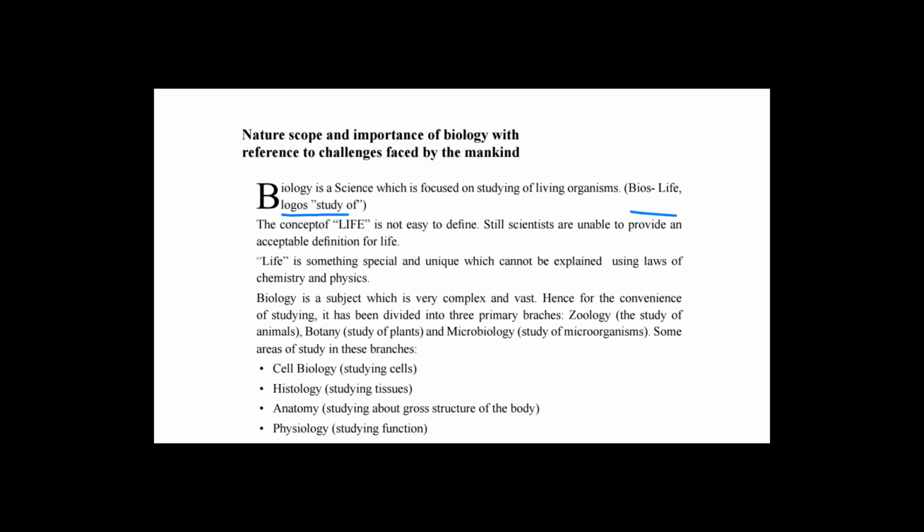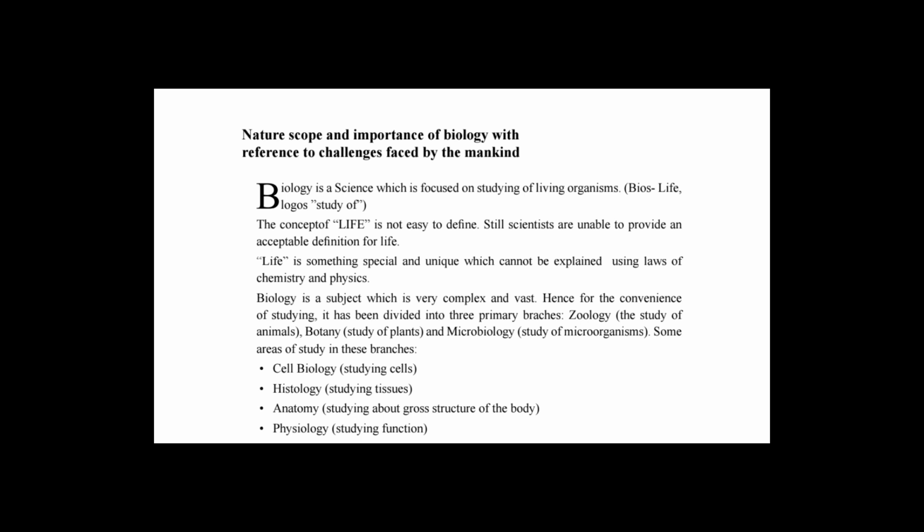The concept of life is not easy to define. If someone asks you what life is, it's not easy to define, because even scientists are unable to provide an acceptable definition for life. They have not provided any definition, so no one can explain it. Life is something special and unique which cannot be explained using the laws of chemistry and physics.